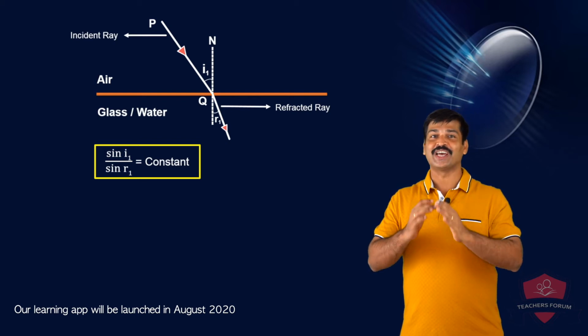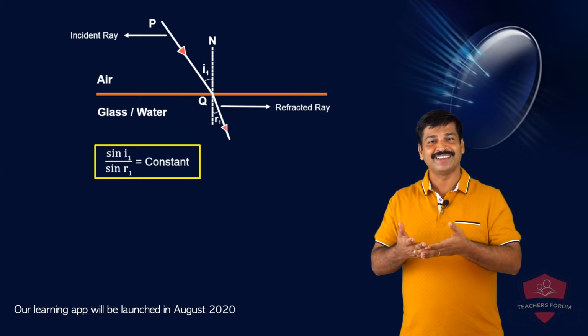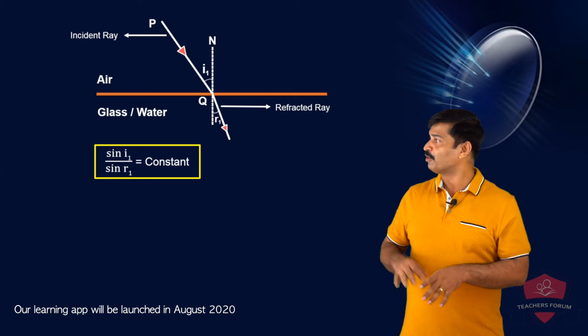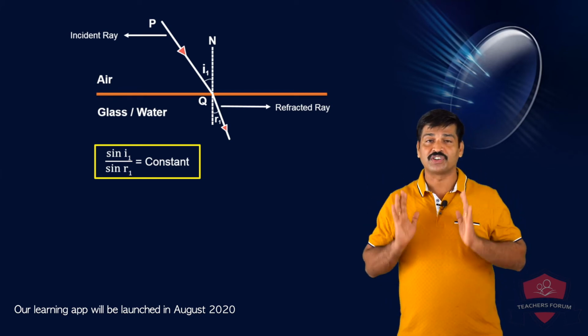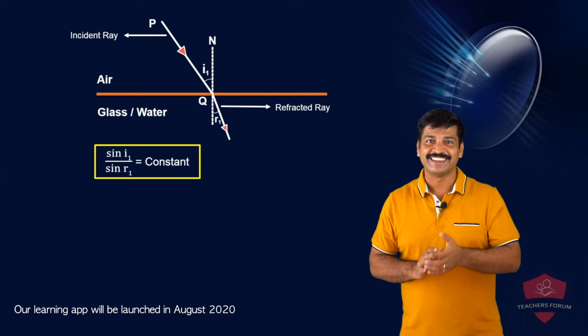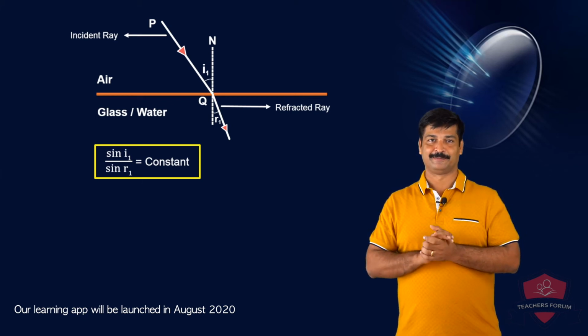That means sin i1 by sin r1 will be equal to sin i2 by sin r2. That will be equal to sin i3 by sin r3. So, for this given pair of media, that ratio will be always constant. That is known as refractive index. Usually, it is represented by the letter n.